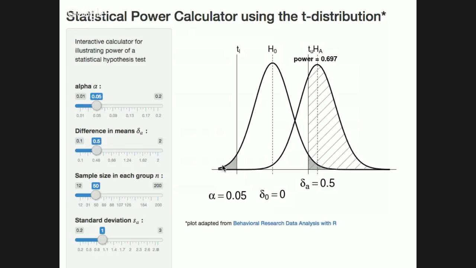So how do we do a power calculation? The alternative and the null hypothesis sampling distributions, of course, have to be different. And so let's assume that the null hypothesis is true. This is going to be this curve on the right, the distribution of sample statistics that we will observe over repeated sampling.